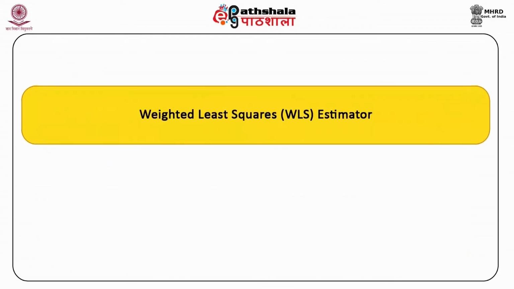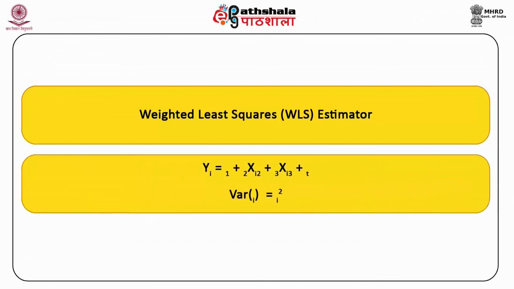The weighted least squares estimator is the OLS estimator which is applied to a transformed model after multiplying each term on both sides of the regression equation by the weight, denoted by W_i. For instance, consider the following general linear regression model with heteroscedasticity. This equation states the general linear regression model, and the variance of the error term is given by sigma squared.